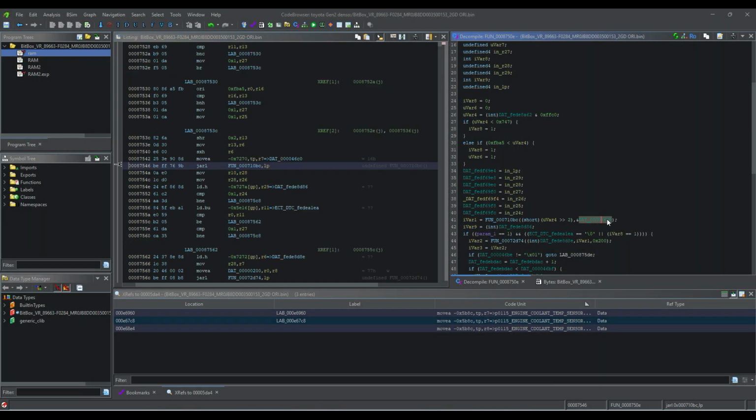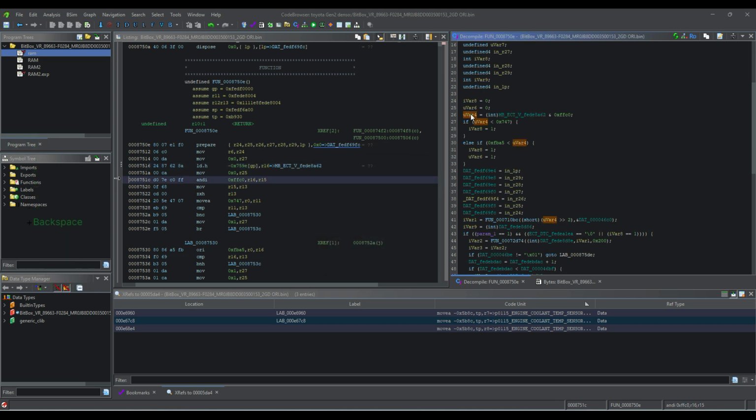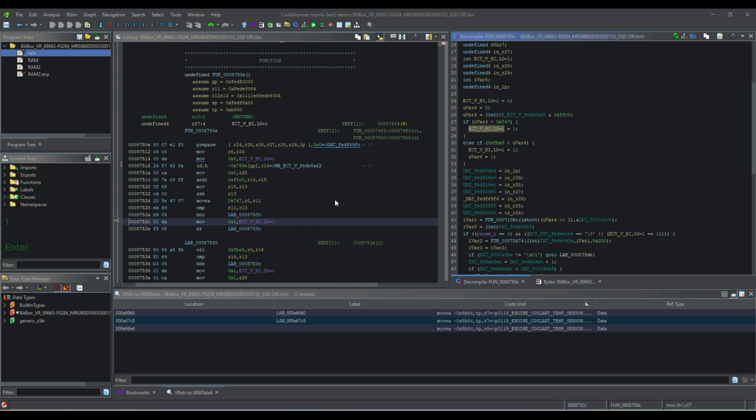Okay, so this is probably sensor linearization. This is probably voltage. Well, it's got to be. So we're going to say MB ECT V. So if voltage is less than, so this, okay, else, if it's more than, okay, so this IVAR is ECT V high, comma, low equals 1.